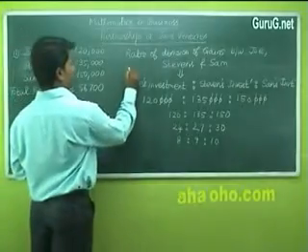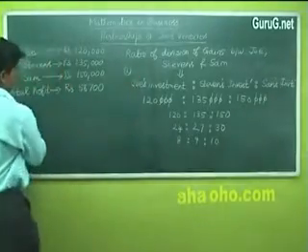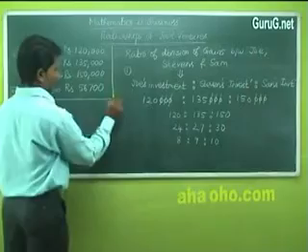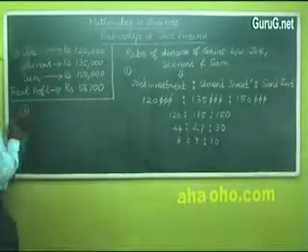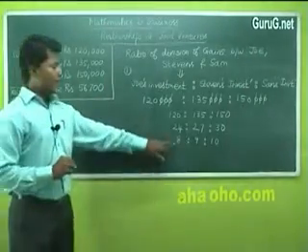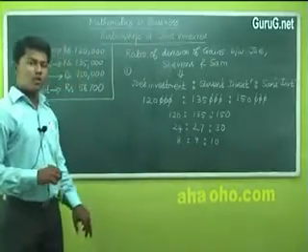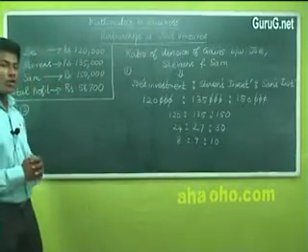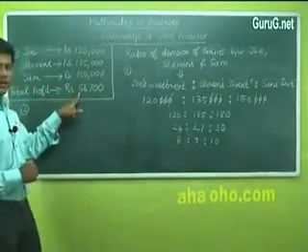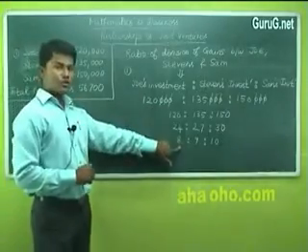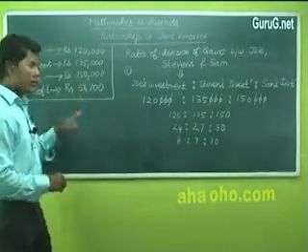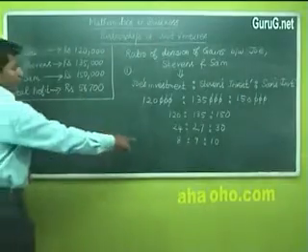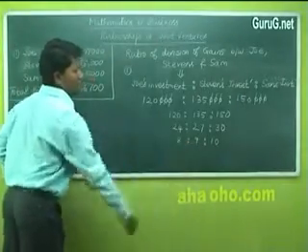This is your step number 1, and in your step number 2, what you should do is 8 is to 9 is to 10. We have discussed in our ratios module how to divide a given number in terms of ratios. So 56,700 must be divided in the ratio of 8 is to 9 is to 10.